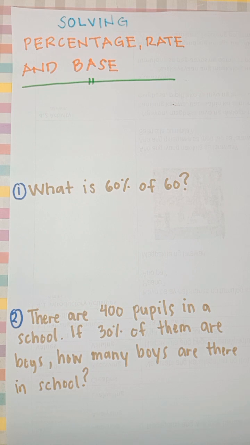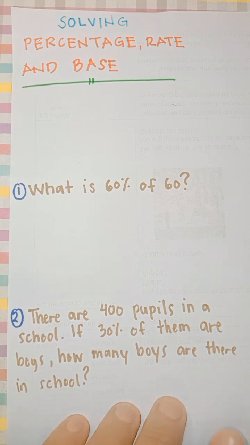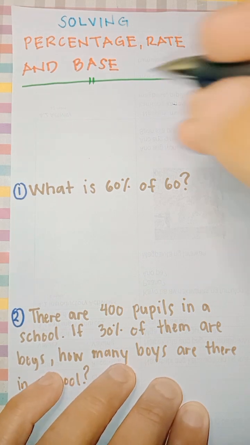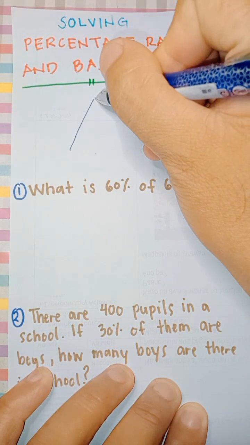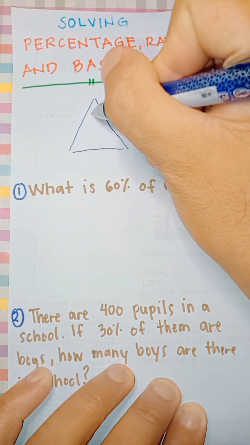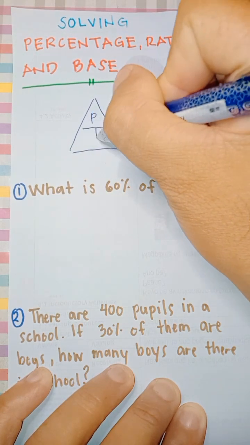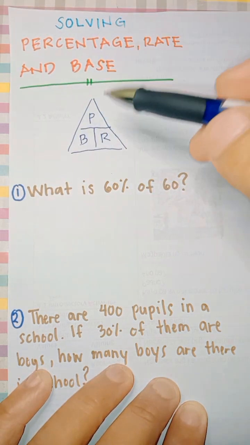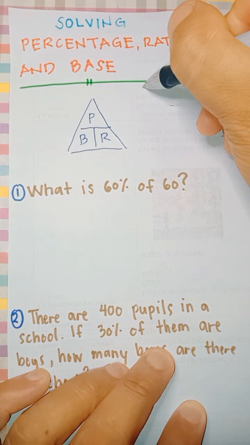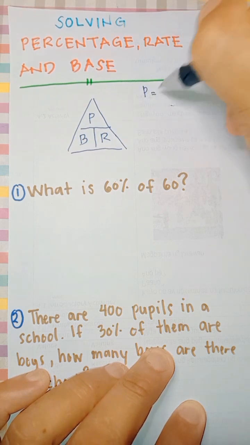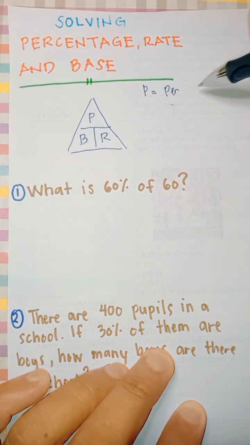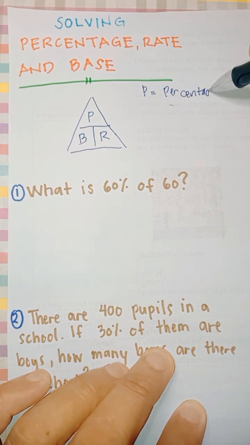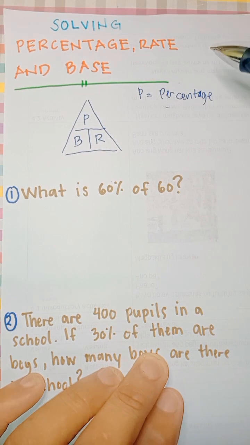So, in order for us to easily remember the formulas of percentage, rate, and base, let's try to use the Tikan's triangle. Now, P stands for percentage, and percentage is part of the base.